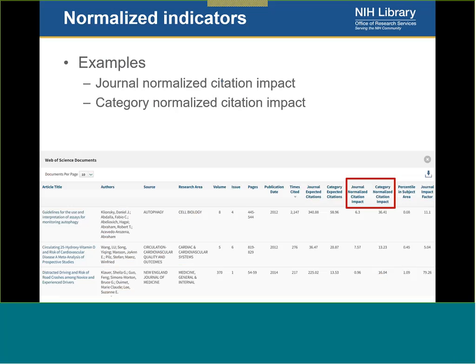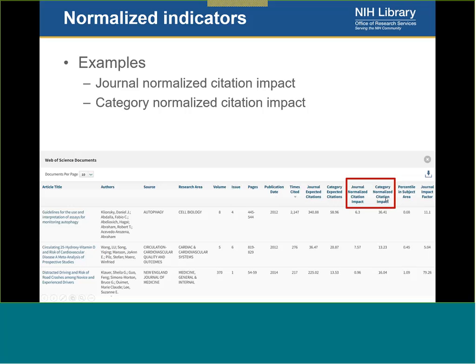The snapshot that I show here is something that I got from InCites. Okay, so on the top here, you can see the article title, the authors, the source, which is the journal title, and their research area, and then the information about the publication date, times cited, and a lot of other things.